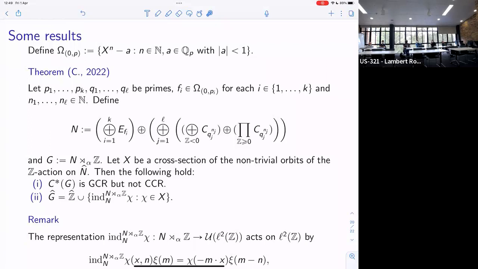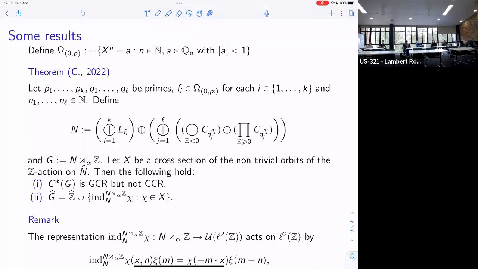If we let this set omega subscript 0p be all the polynomials of the form x^n minus a, where some integer a is an element of Qp, then we define a group N to be a direct sum of finitely many copies of EF arising from polynomials of this form, and a direct sum of some finitely many copies of restricted direct products of cyclic groups of prime power order.